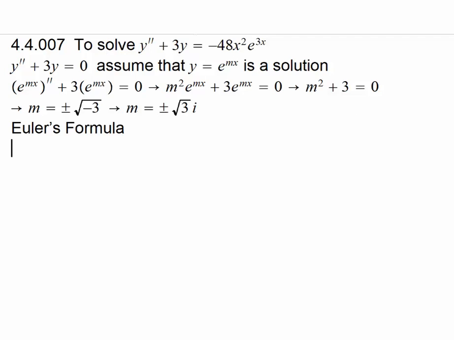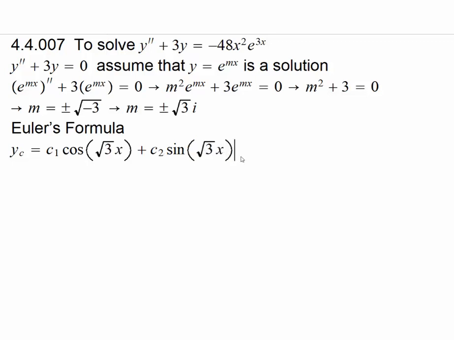In this case, the complementary function, or the solution of the homogeneous portion of the equation, can be written as yc equals c1 times cosine of square root of 3 x, plus c2 times sine of square root of 3 x. So this is our complementary function.